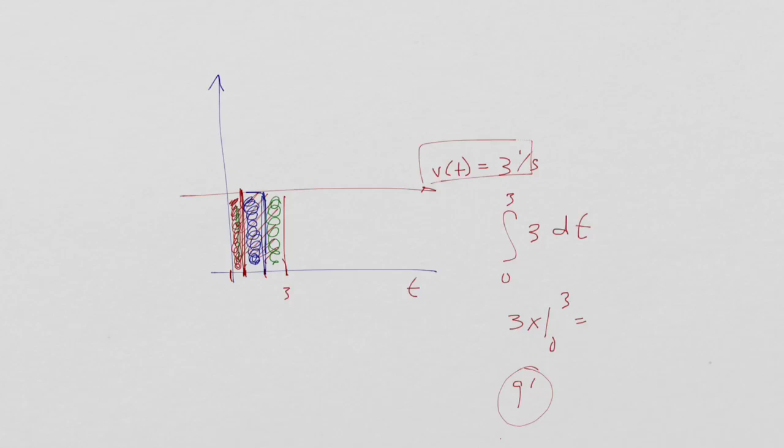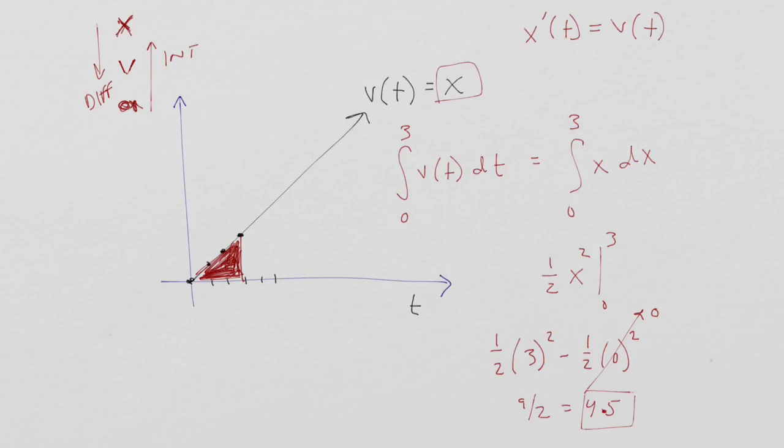This has an area of 3, 3, and 3. So if I'm going 3 feet per second, after 1 second, I've gone 3 feet. After 2 seconds, I've gone 6 feet. And after 3 seconds, I've gone 9 feet. So it's easy to believe with a nice constant function. The same is true of a linear function like in this last example.